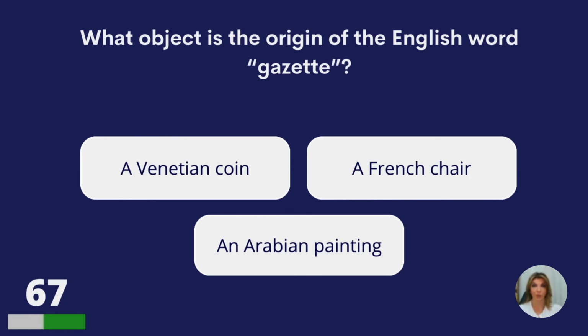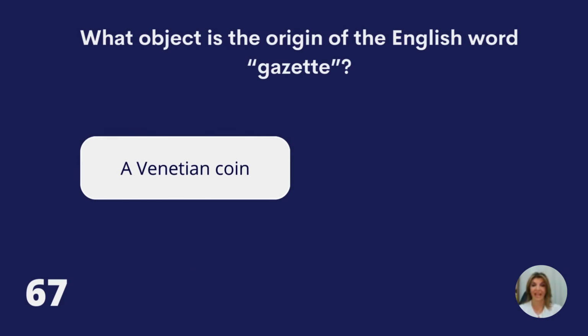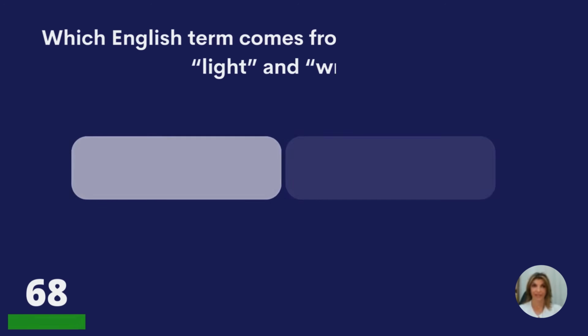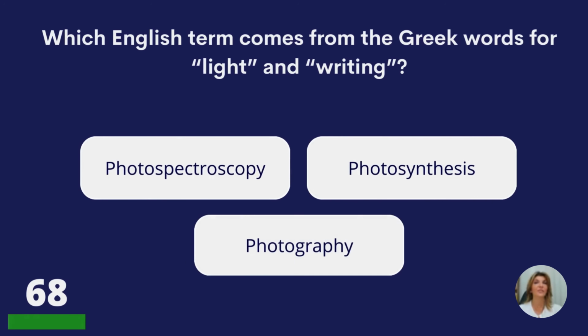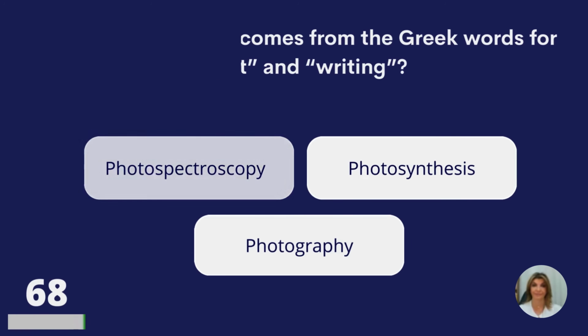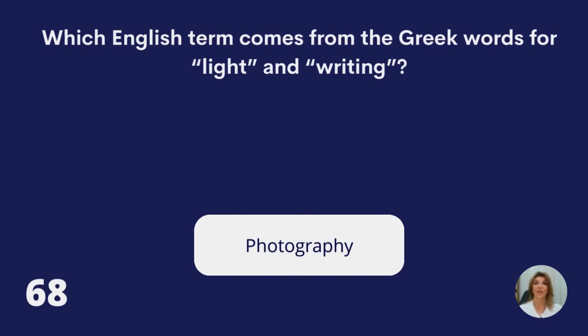A Venetian coin, a French chair, or an Arabian painting? A Venetian coin. Which English term comes from the Greek words for light and writing? Photospectroscopy, photosynthesis, or photography? Photography.